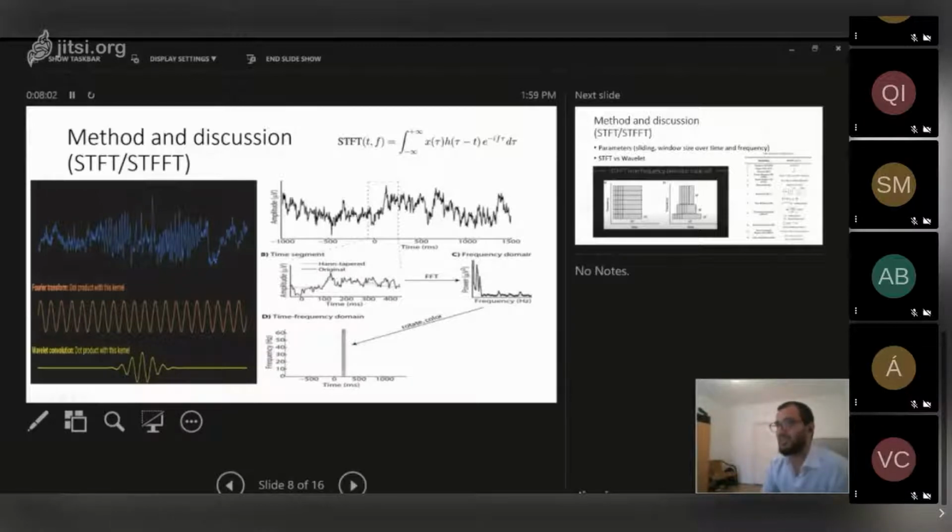Here you can see if you apply this filter on your original signal in some region, for example, if you want to see the energy inside this part of your signal, you have to slide this filter bank over the signal to arrive here and see the energy in this part of your signal.